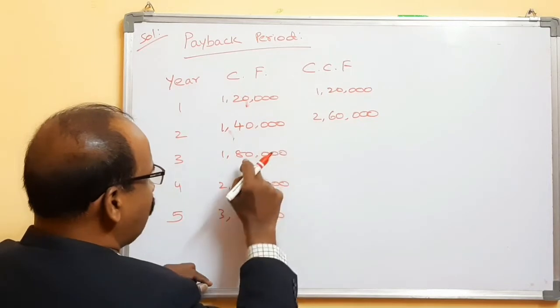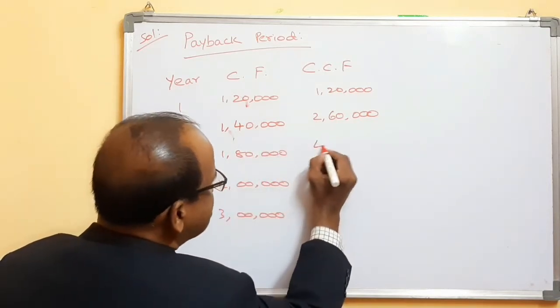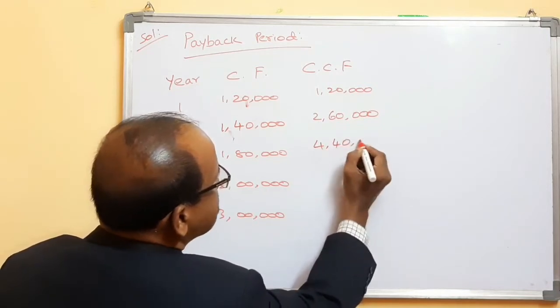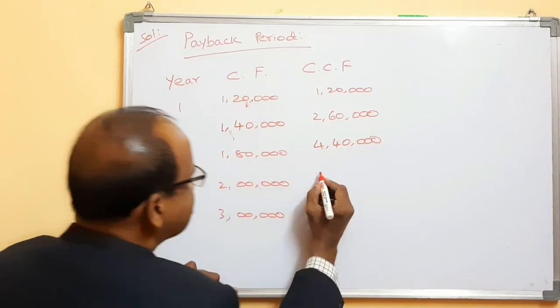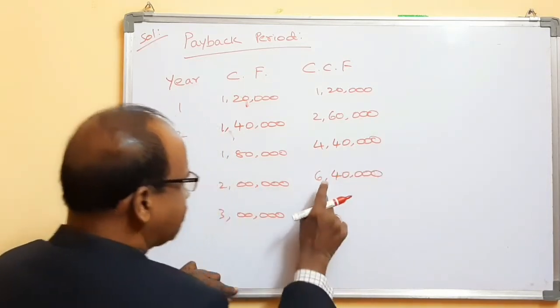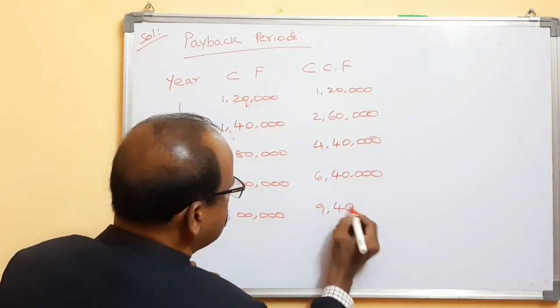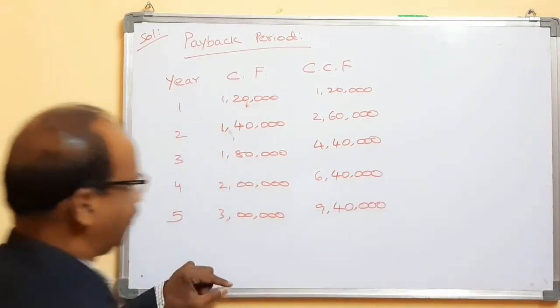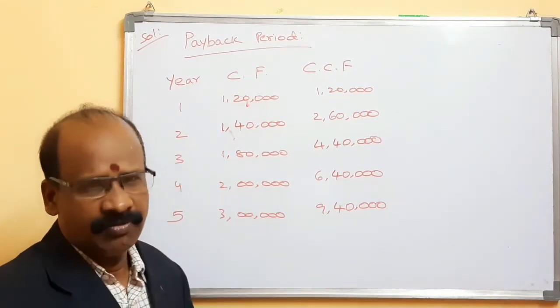Third year cash flow 1,80,000 plus 2,60,000, 4,40,000. 4,40,000 plus 2 lakhs, 6,40,000. 6,40,000 plus 3 lakhs, 9,40,000. Investment is 5 lakhs.